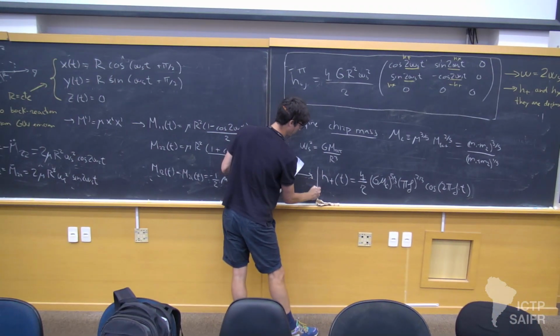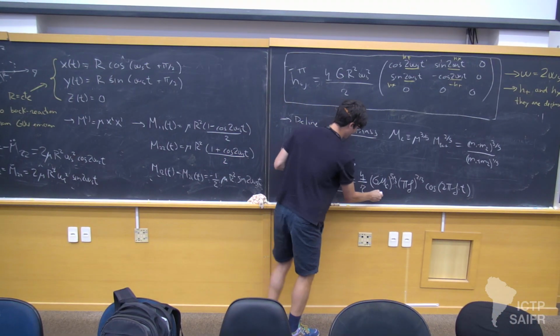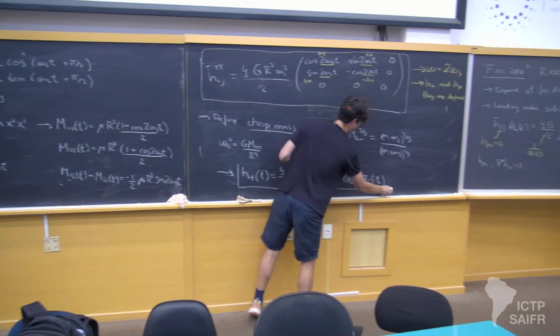For the cross, it is the same, but you just change the cosine to a sine.